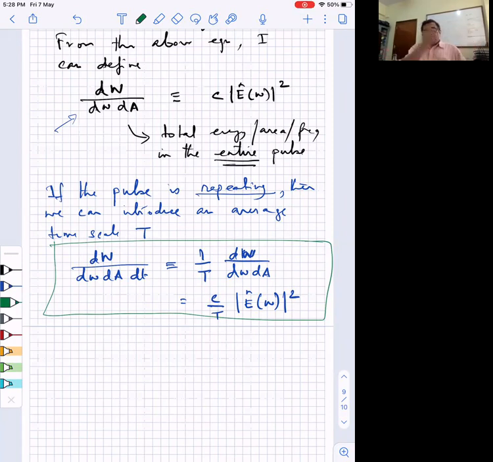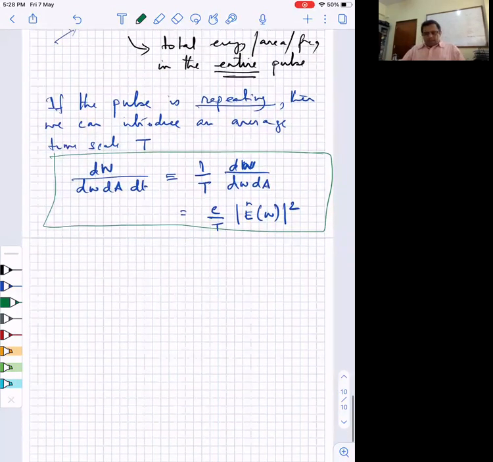One is the physical timescale in which it is moving, and the other is a much shorter timescale, which depends on when the beam is facing you or the beam is away from you. So this average time scale for repeating pulses is a very important concept, and we are going to use this again and again. Okay.